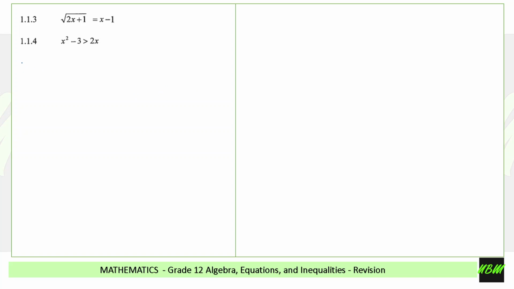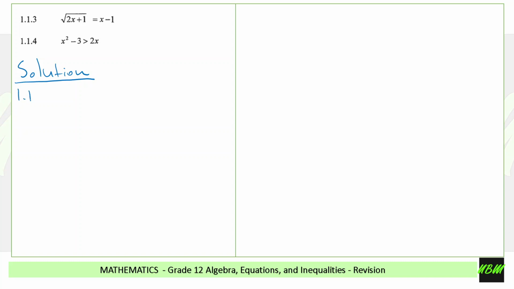Now 1.1.3 and 1.1.4, we are still solving for x. We are still on question 1.1 where we solve for x.